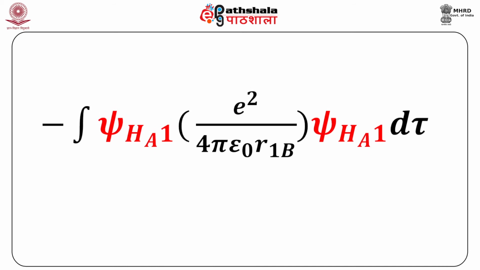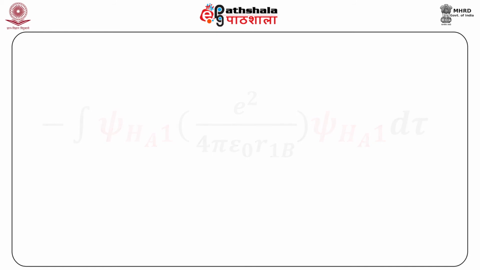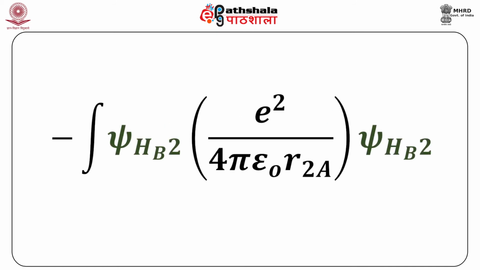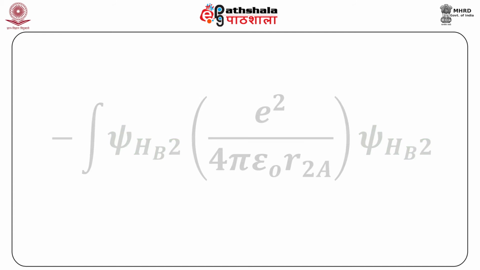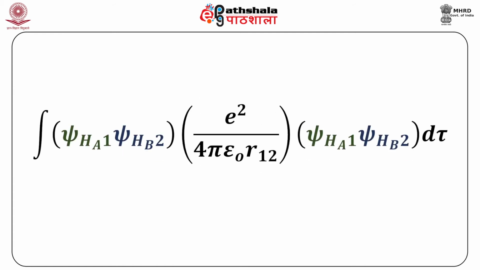The first term in this expression represents the interaction of charge density of electron 1 around nucleus A with nucleus B. The second term, if you closely examine it, represents the interaction of charge density of electron 2 on nucleus B with nucleus A. The third term is representative of the mutual Coulombic interaction energy of two electronic charge densities.